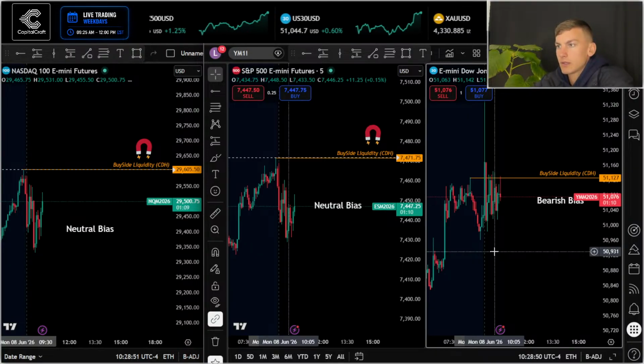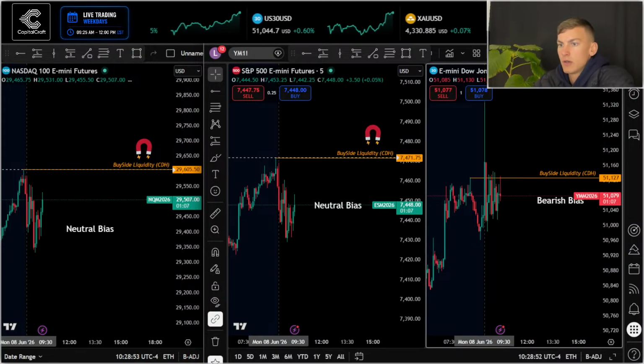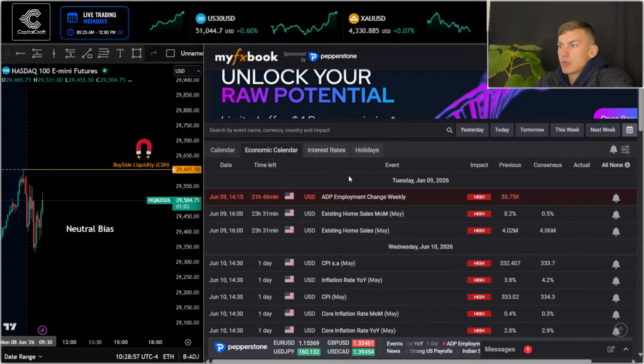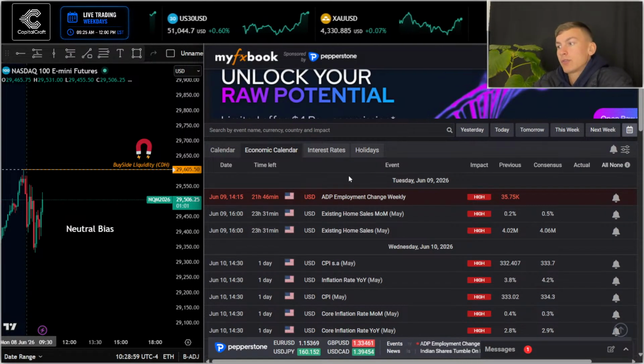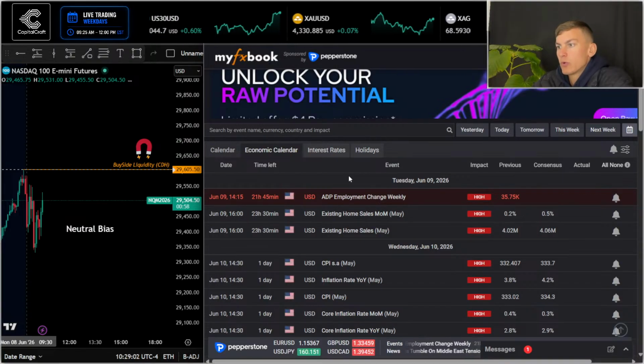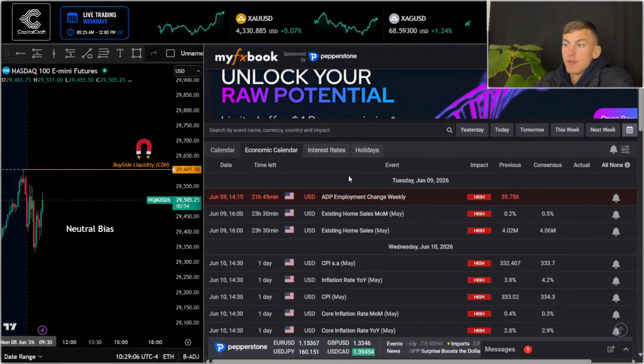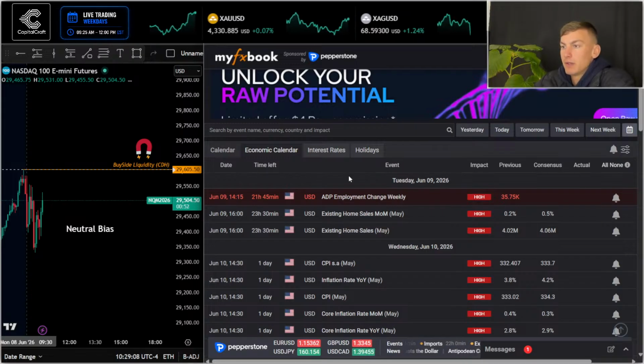What we might do is explore what the economic calendar is looking like for the rest of the week. On Tuesday, tomorrow, we have 3 high impact news events. We've already covered the employment change, which will not affect us because it is before our 9:30 opening bell.